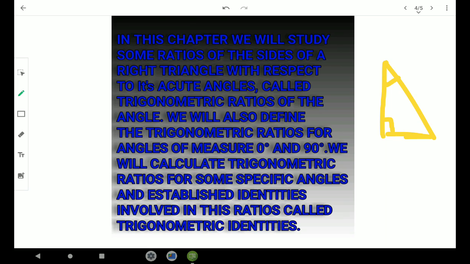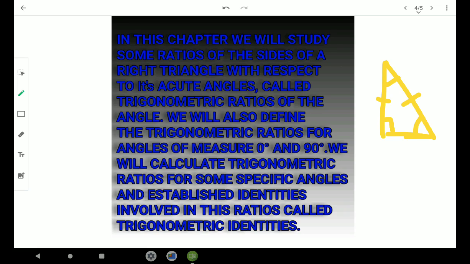This kind of thing we will study: trigonometric ratios of the angles 0, 30, 45, 60, 90. I have uploaded a video on this; you can see that also.